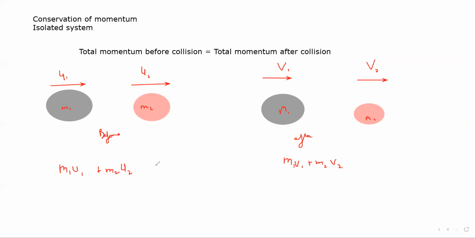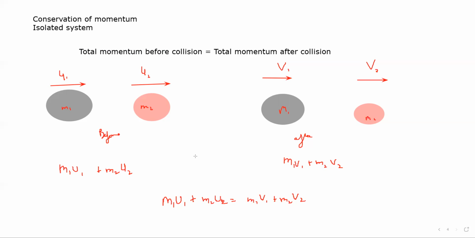If it is an isolated system, with no resultant force opposing the motion, such as friction or air resistance, then the momentum before collision, M1 U1 plus M2 U2, is equal to M1 V1 plus M2 V2. This is known as the conservation of momentum in one dimension.